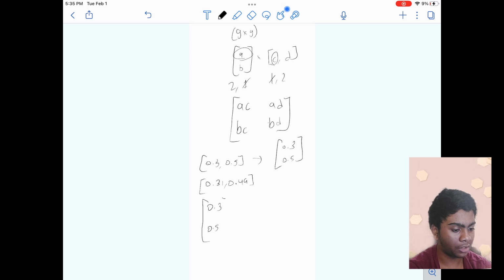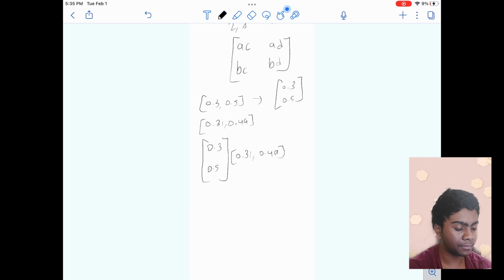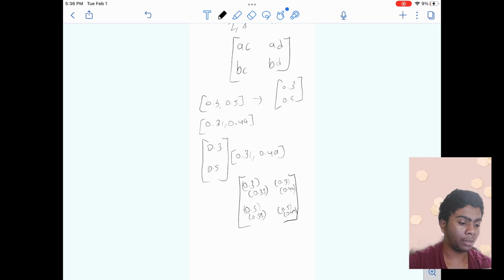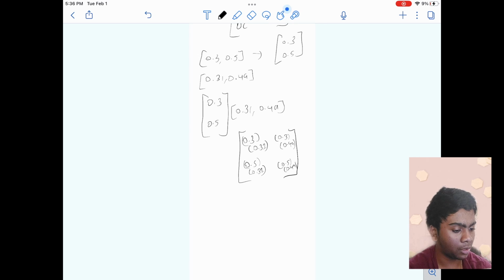I'm going to write it down: 0.3 times 0.31, 0.3 times 0.49, 0.5 times 0.31, 0.5 times 0.49, right? And I have my trusty calculator, and we're going to test it out and see if this works.